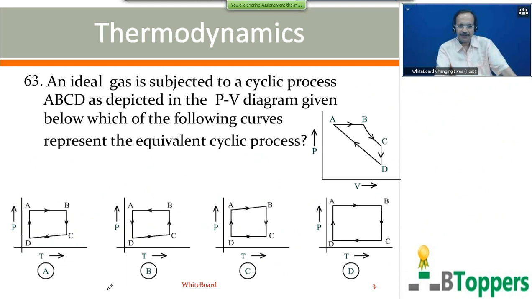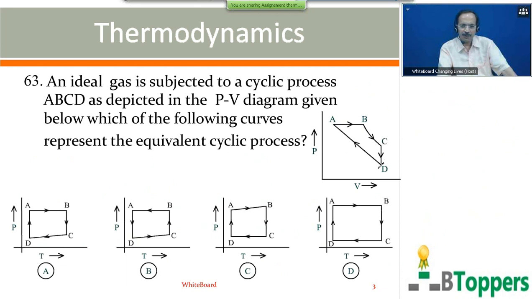So you can observe that first option will be the answer because in the process A to B, pressure is constant, temperature is increasing. So temperature at B is more than temperature at A in the first graph. The process B to C, temperature is constant, but pressure is decreasing, as you can observe in this graph.